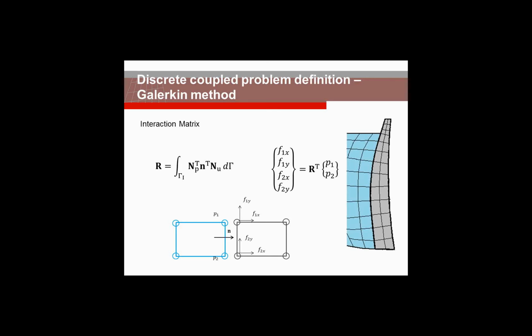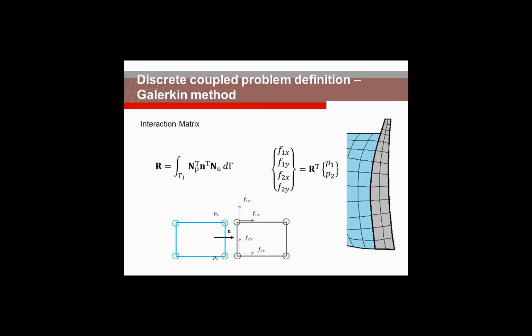And the normal vector to the surface, which is changing point by point. So in the scheme that we can see in the bottom part of the slide, we have two finite elements connecting in the interface. One is the finite element belonging to the fluid, and the other is the finite element of the solid.